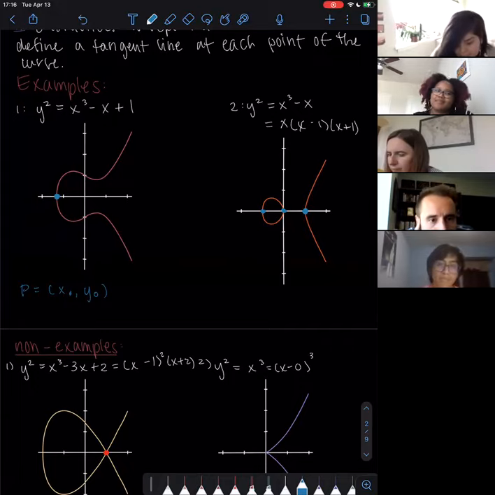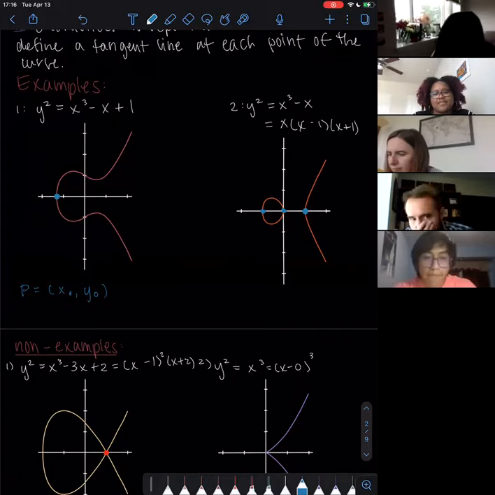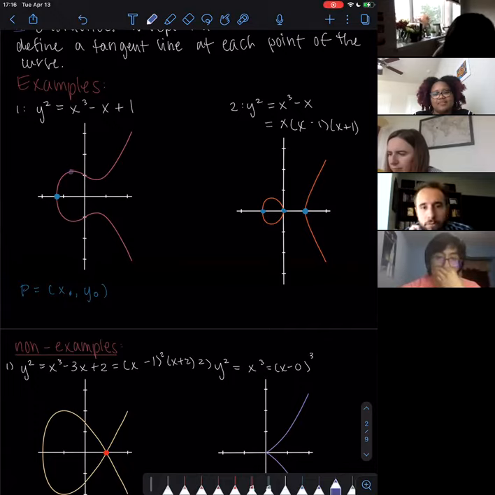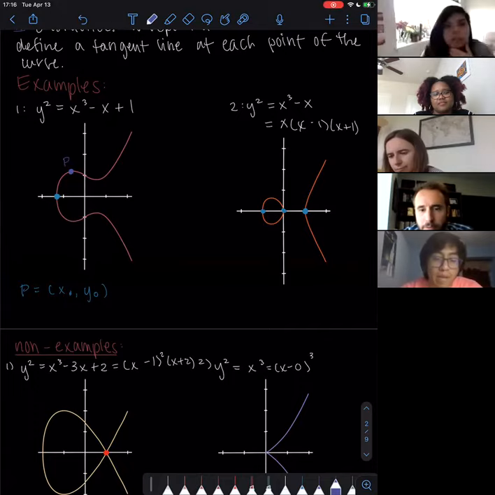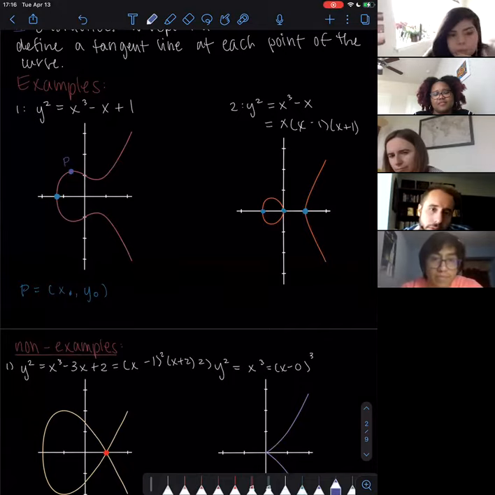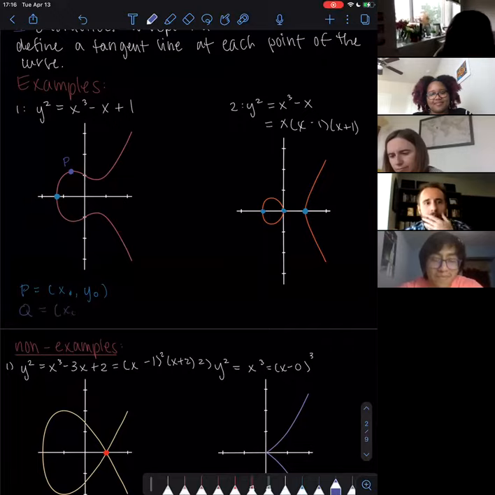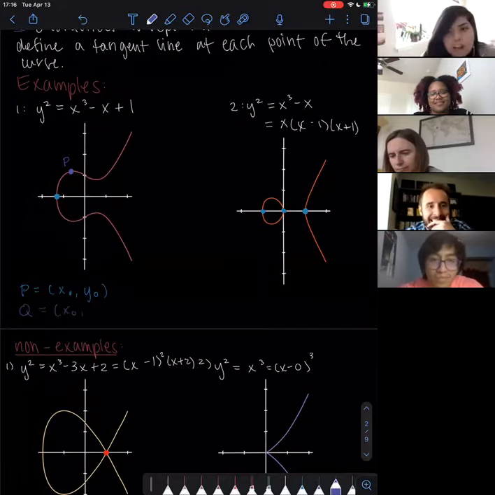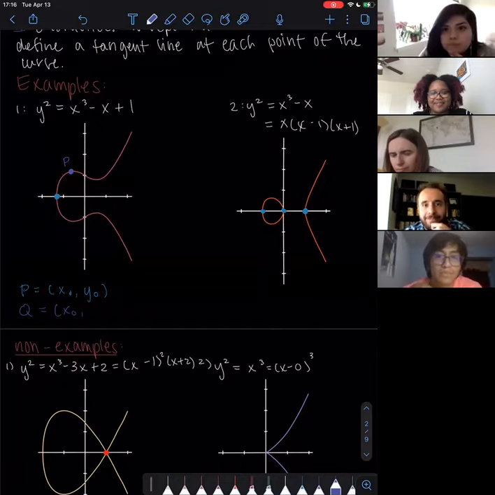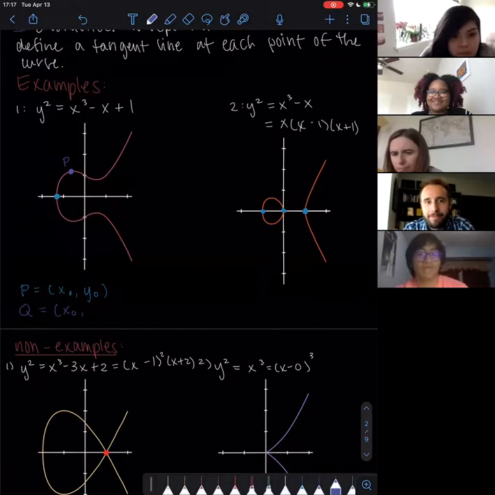So let's say I chose this point here as my P. What if we kept the x naught the same? Is there another value for y that will make this equation still be true? Would it just be negative y naught?